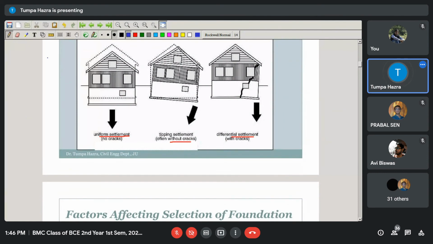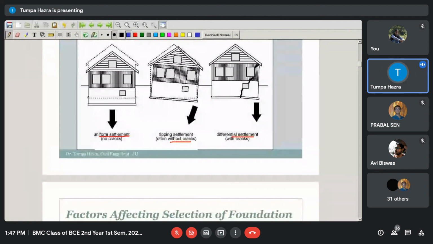Whenever you find any sign in the superstructure, it is quite late. It will cause cracks in the lintel, cracks in the wall, tilting of the building, displacement of the doors, even displacement of the plumbing system also.